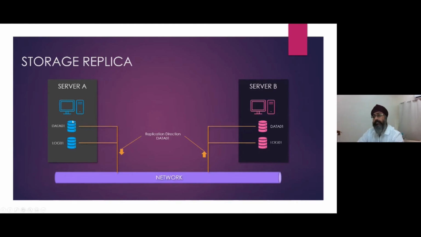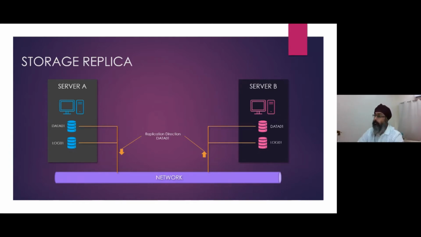And the disk that is formatted for all this is GPT. You use GPT disk in order to use storage replica properly. Okay, network to network it goes, then it goes to server B. Disk in server B will be there, but it will not be accessible. It's still active passive solution.